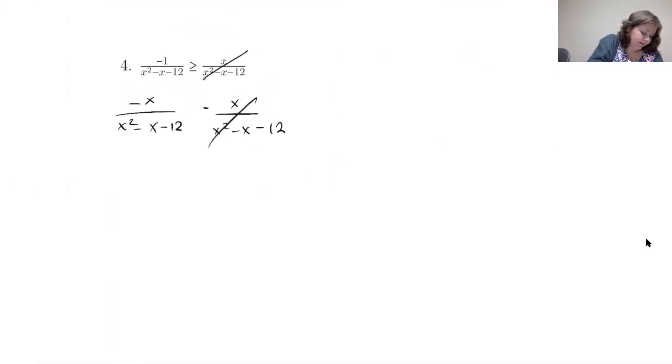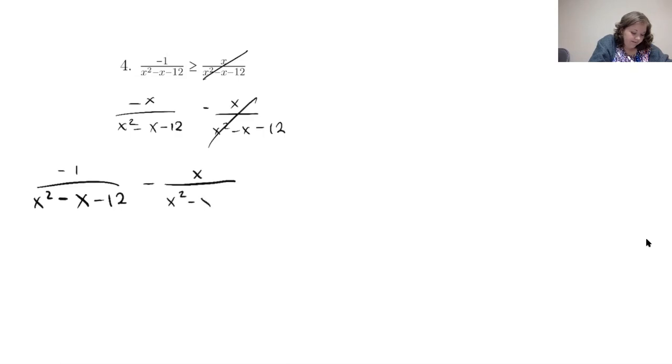These fractions will cancel. And on the left side, we have -1 over x squared minus x minus 12, and then minus x over x squared minus x minus 12 greater than or equal to 0. So now we need to add and subtract them, put them all as one fraction, and we're lucky again, we have a common denominator already, so we don't have to make one.